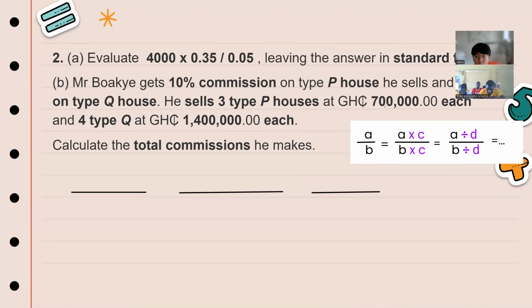It's the same whether you multiply the same number by the denominator and the numerator, or divide the same number by both the numerator and the denominator. It's the same. So A over B is equal to all of these.